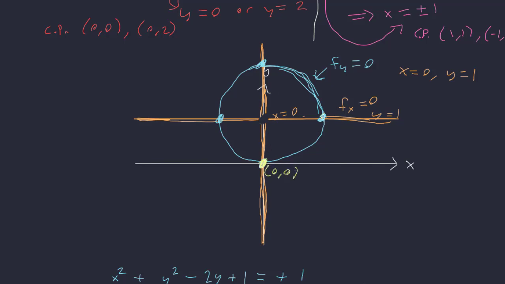At (0, 0), at (1, 1), at (0, 2), and at (negative 1, 1). So that's essentially what we're finding: where the curves along which the partial derivatives are 0 intersect. So at these yellow points here is where the gradient is equal to 0, where both are equal to 0 simultaneously.